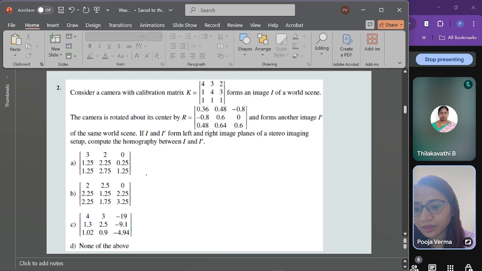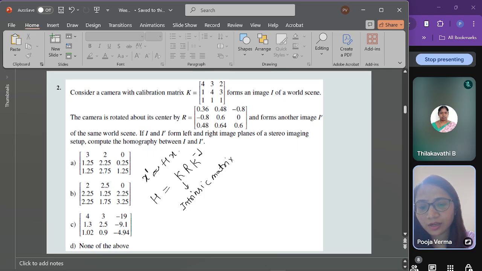Okay, so here we can say that this one is the H into x, and how can that homography matrix be calculated? K R K inverse. Okay, where this K is the intrinsic matrix, and R is the rotation from the first camera to the second. So here K is given and the rotation matrix is also given.